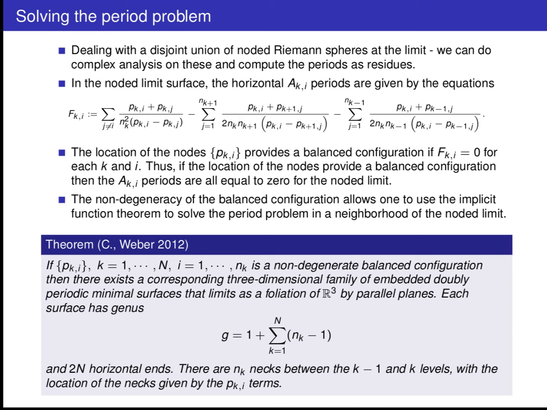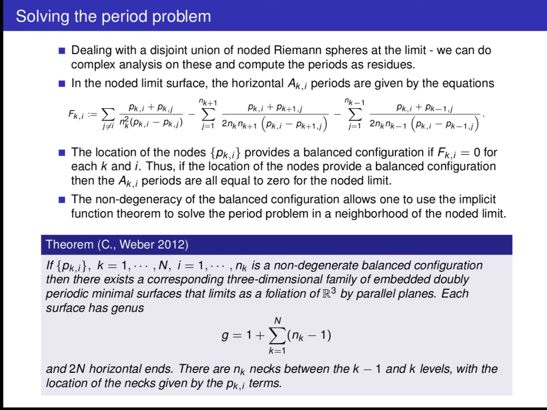And we get our main result. If p_ki is a non-degenerate balanced configuration, then there exists a corresponding three-dimensional family of embedded doubly periodic minimal surfaces that limits as a foliation of R3 by parallel planes. Each surface has genus g equal to 1 plus the sum k equals 1 to capital N of (n_k minus 1).